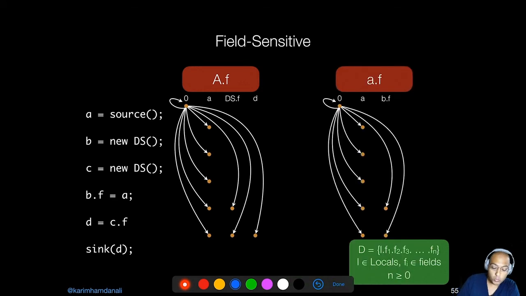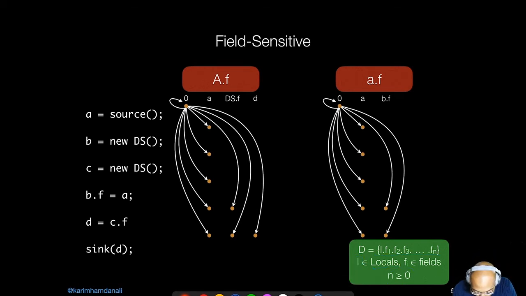This is opposed to field-sensitive analysis, where the domain of our analysis is a little bit more precise. So here we define our domain to be all access paths, basically, or field accesses, such that L is a local variable, and all those f of i's are fields that I'm accessing, one of the fields that we have, and you can access as many fields as you can.